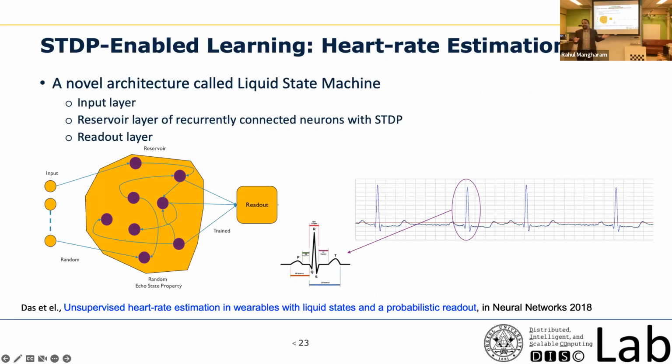Even with the Pan-Tompkins algorithm, we are not able to get that high accuracy. For a person on a treadmill or a person running, the QRS peaks become very, very different. So how do you adapt to the situation and then detect those QRS peaks is what we worked on in our past work.